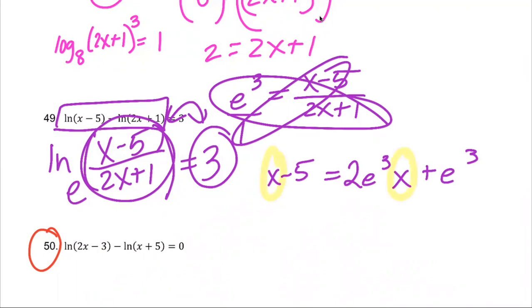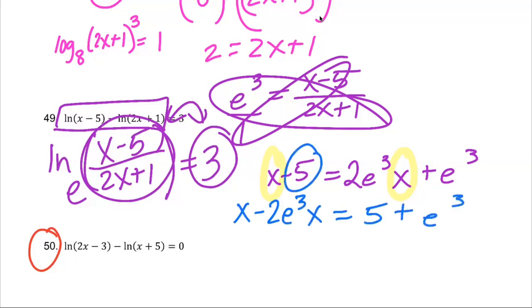I want to get it to 1, so I'm going to have to factor it out. So my first step is move everything to one side, all of my x's on one side, all of my numbers on the other. So then it would become x minus 2e to the third x equals 5 plus e to the third. This came over here, this came over here.